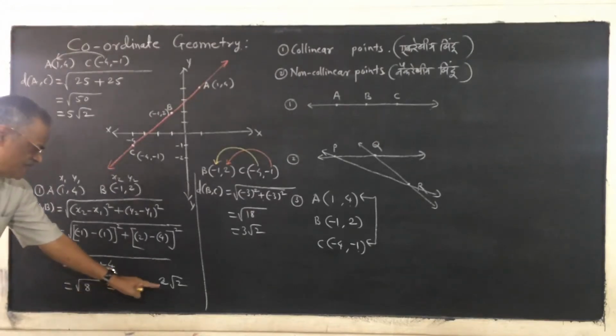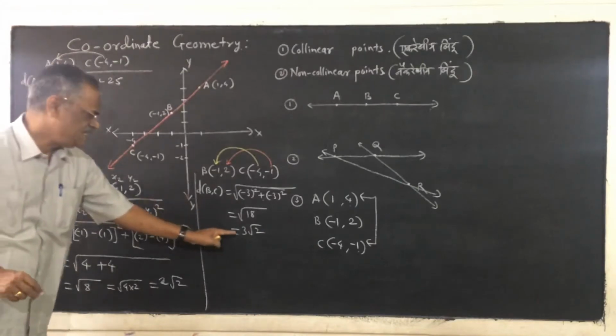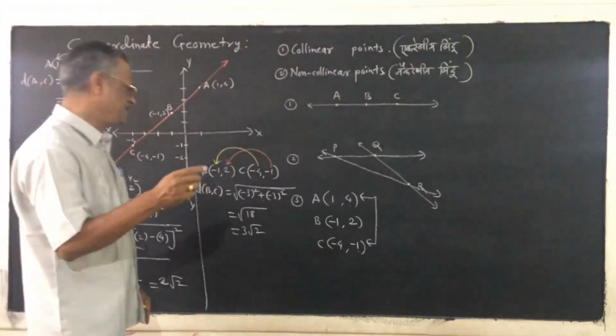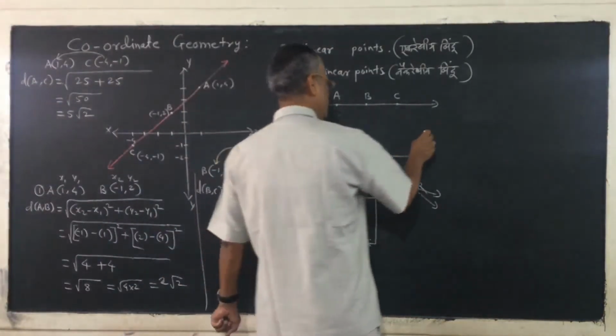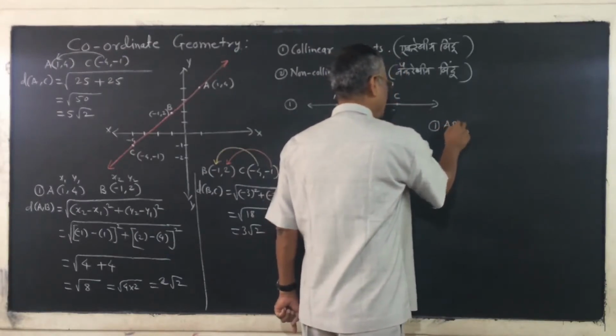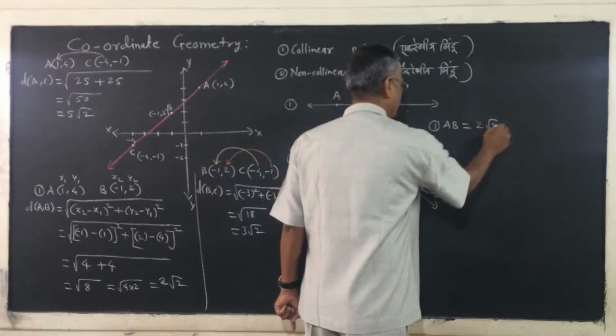AB distance you are getting 2 root 2, and BC distance 3 root 2. So you can compare AB, BC and AC. What is the first distance? AB. Let us write down here. AB is equal to 2 root 2.